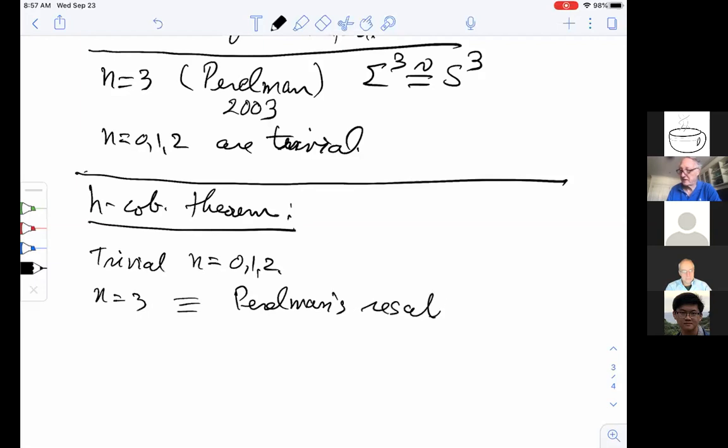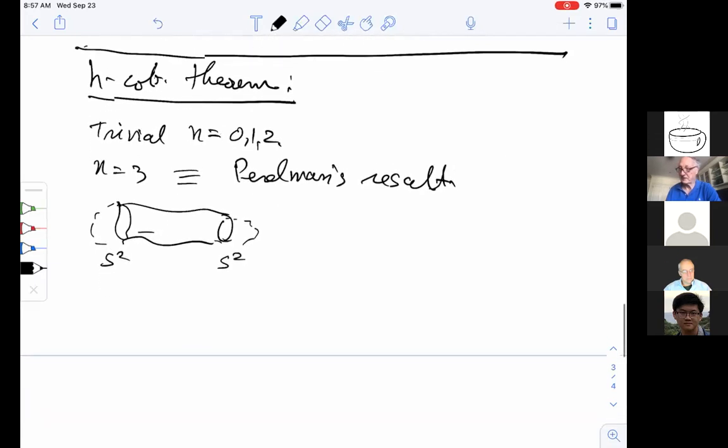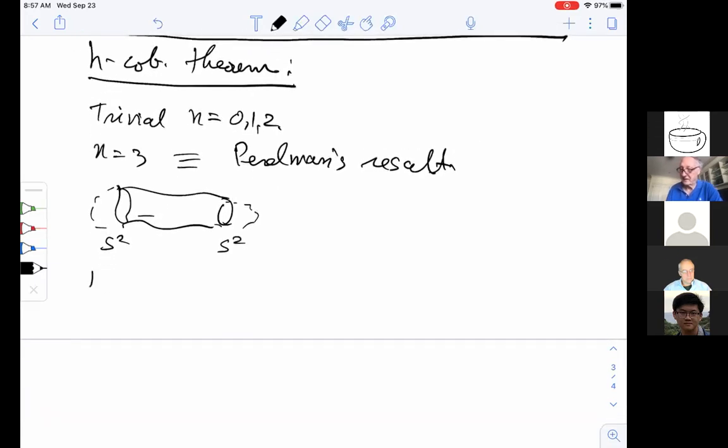The point being, if you have a simply connected 3-dimensional H-cobordism, then its boundaries are 2-spheres. And if you fill them in by 3-balls, you get a homotopy 3-sphere. By Perelman, it's diffeomorphic to the standard 3-sphere. So you take those balls out, and what you have is S2 cross I.